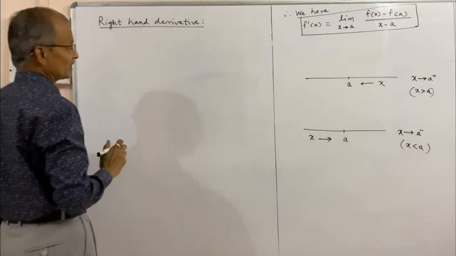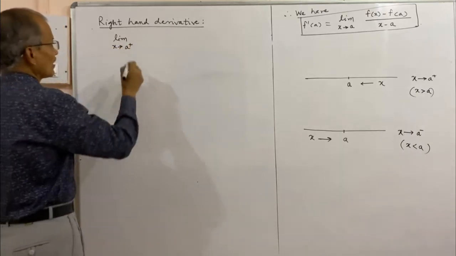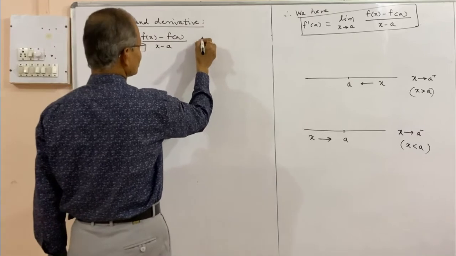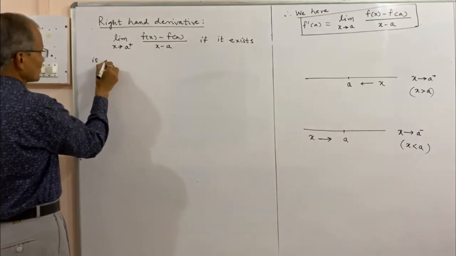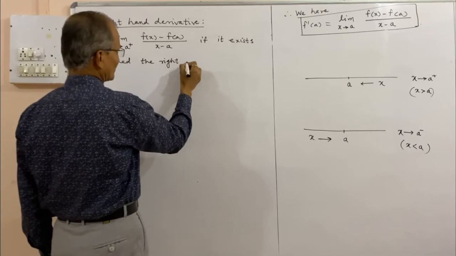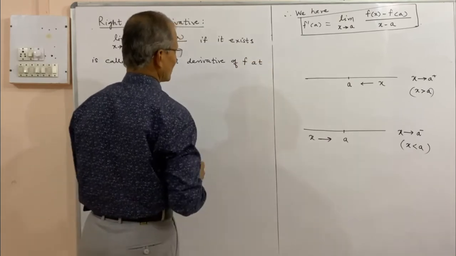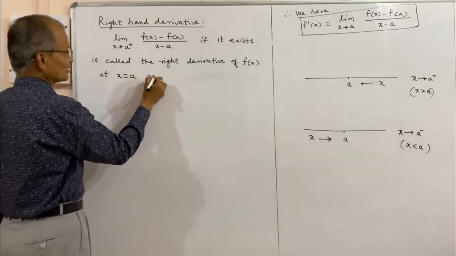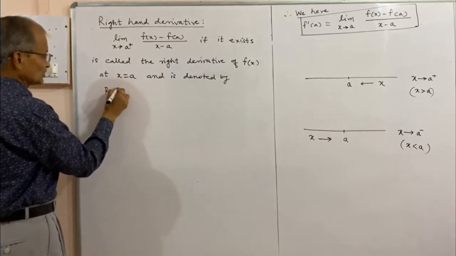If we consider limit x tends to a from right, f of x minus f of a divided by x minus a, if it exists, it is called right derivative of f at a, or of f(x) at x is equal to a, and is denoted by R f dash a.